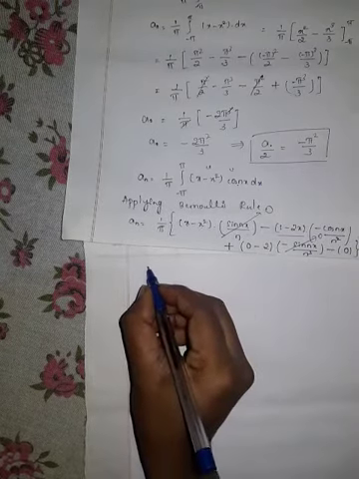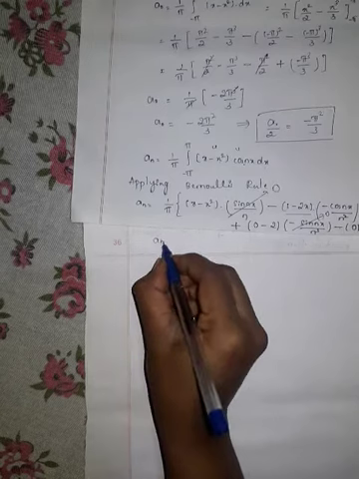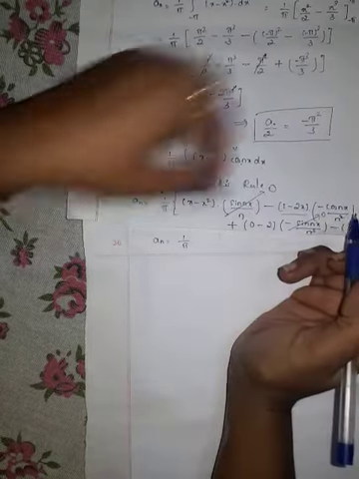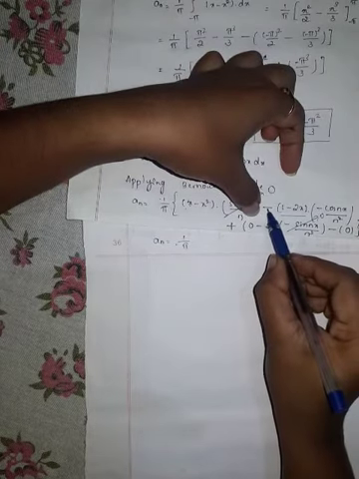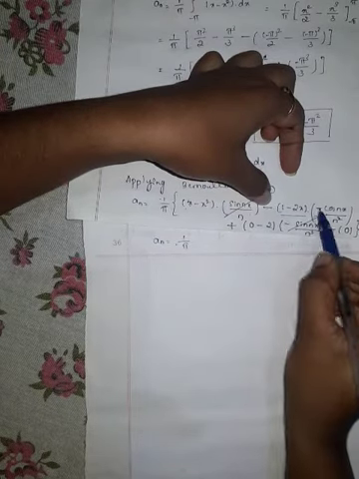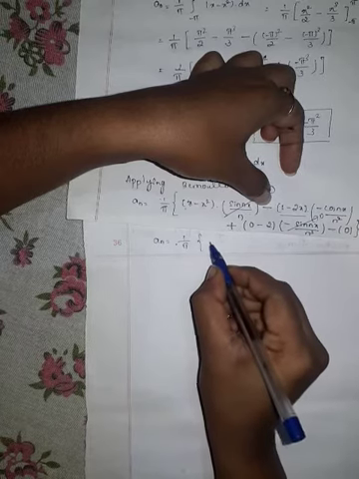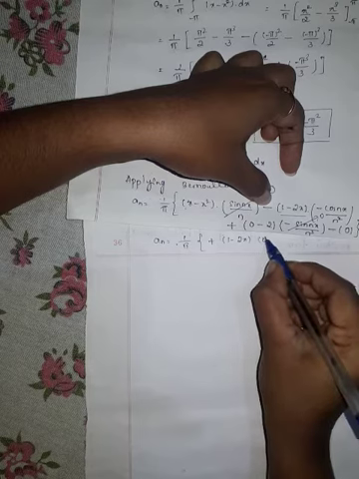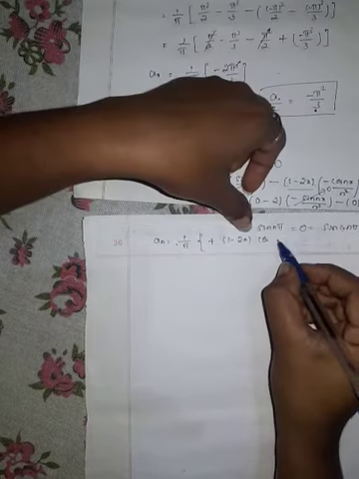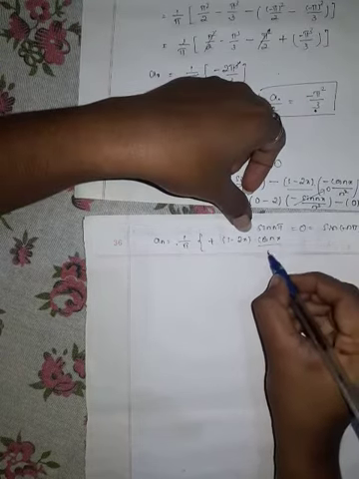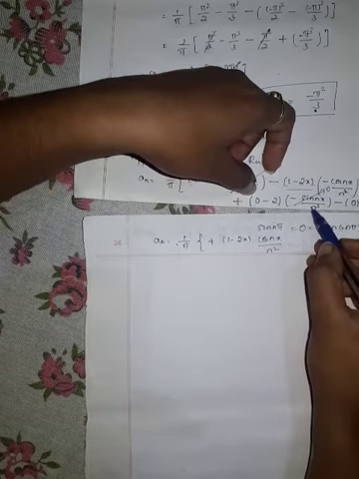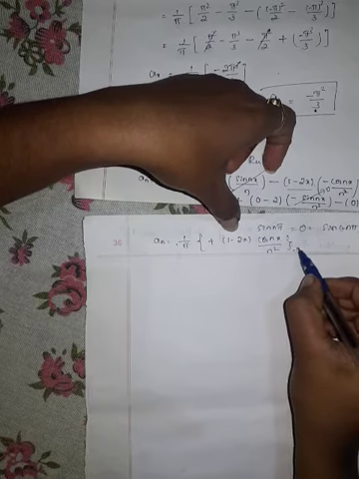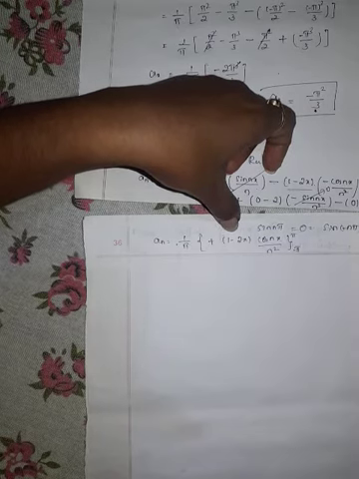So we are left with an is equal to 1 by pi. This term is 0. Here we have minus into minus, which is plus, 1 minus 2x into cos nx divided by n square. This term is 0, so the next terms are also 0. Limits are from minus pi to pi.